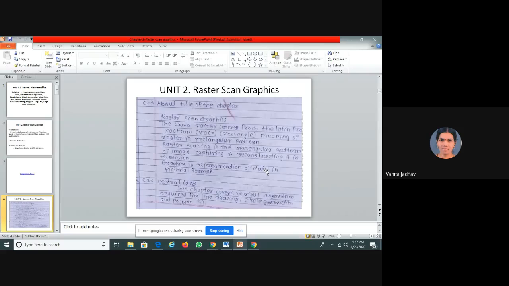Raster scanning is the rectangular pattern of image capturing and reconstructing it in television. Not only television, but any output devices, picture devices, picture tubes. Graphics is the representation of data in pictorial format. This is nothing but raster scan graphics.